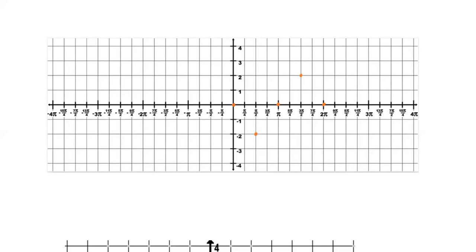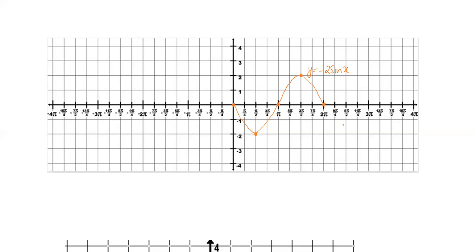So now let's go ahead and connect our graphs. Okay, and this is one period, y equals negative 2 sine x. Let's stretch it all the way to 3 pi on this side. So now I'm just going to use symmetry here. To show that extension, I'm going to use a different color.